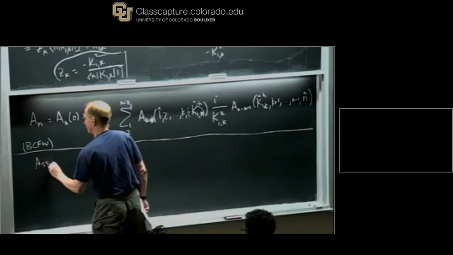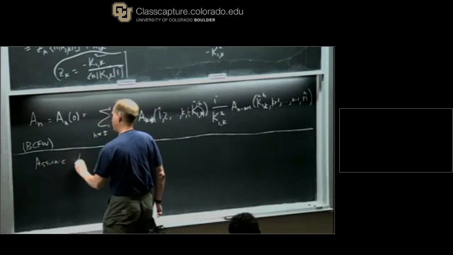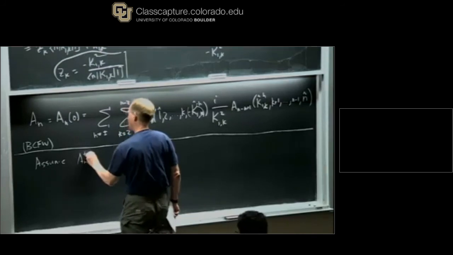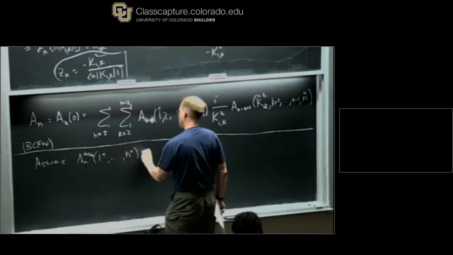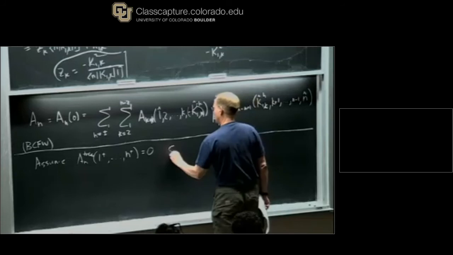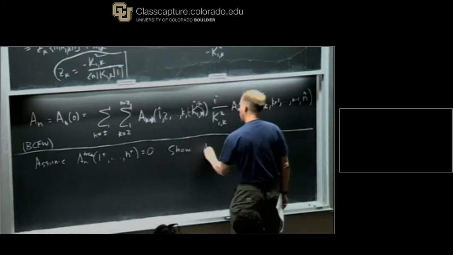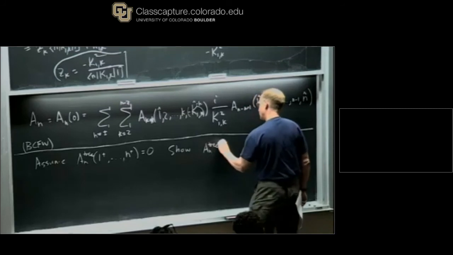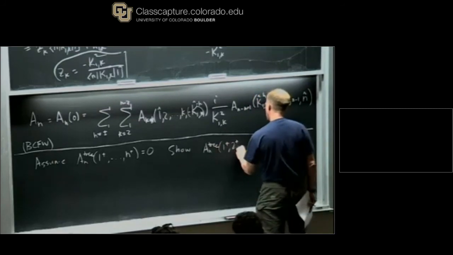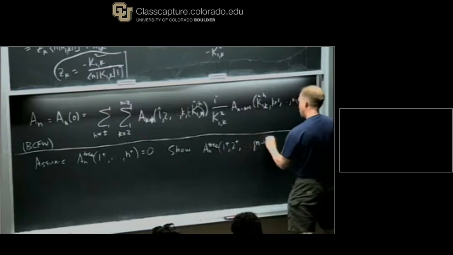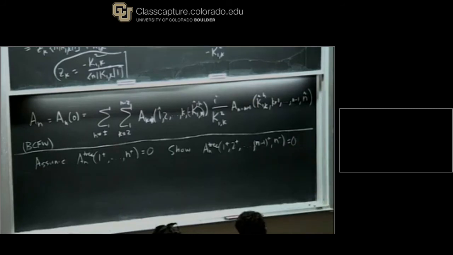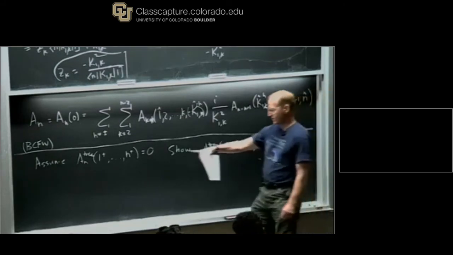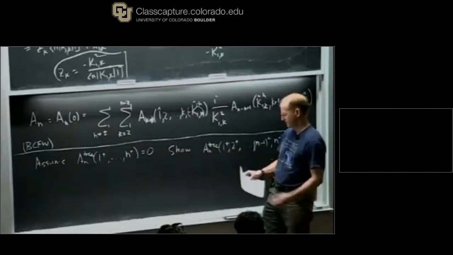I'm going to assume that the tree amplitude A_n with 1 minus and the rest plus is equal to 0, and then show that, so we can use the BCFW recursion relation to show that this one's 0, the case with 1 minus, given that the one with all pluses is 0.